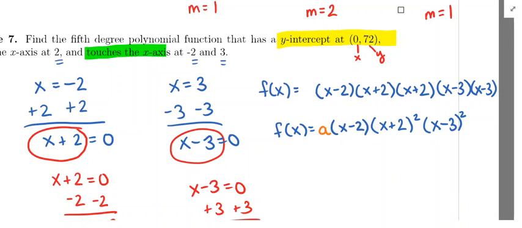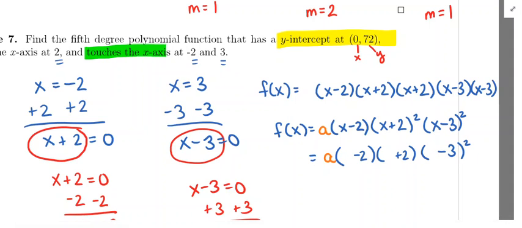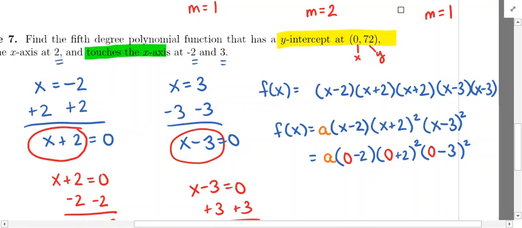Okay, so here we go. Let's do this. I am going to rewrite this and set it up, so we're going to be plugging in for x. If x is 0, we're going to get a times 0 minus 2 times 0 plus 2 squared times 0 minus 3 squared.